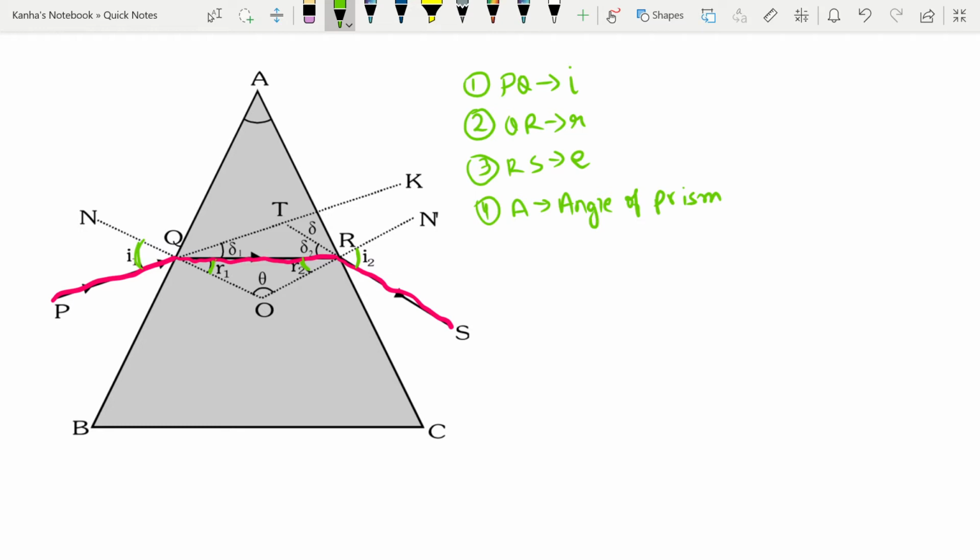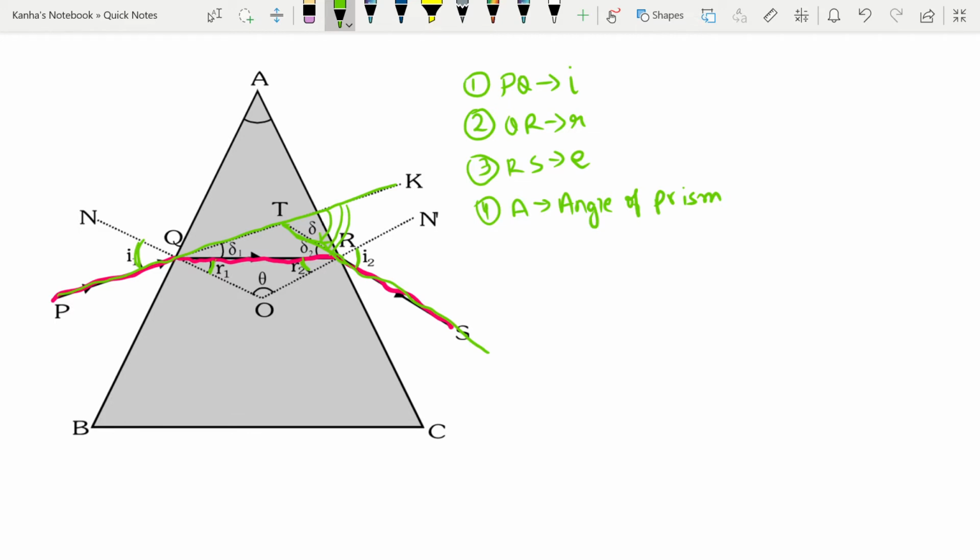Now we need to find the total deviation. Initially your PQ should have been going in this direction. Now because you place some material in front of it, it finally ends up going in this direction. The angle by which it has changed, this angle, is your total deviation.